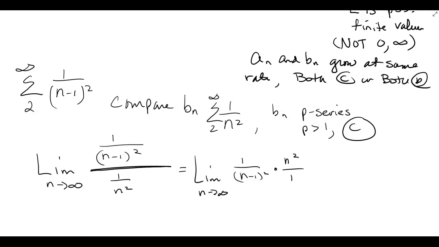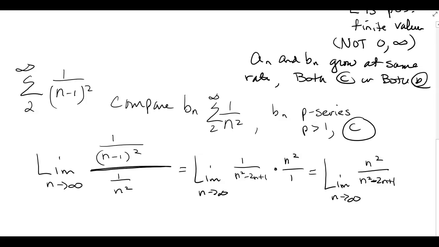And let's go ahead and do this to make this a little bit easier for ourselves. Instead of n minus 1 squared, if it makes you feel better, you can do n squared minus 2n plus 1. Okay? So again, I'll clean this up, and it's n squared over n squared minus 2n plus 1. You have worked enough with limits now.